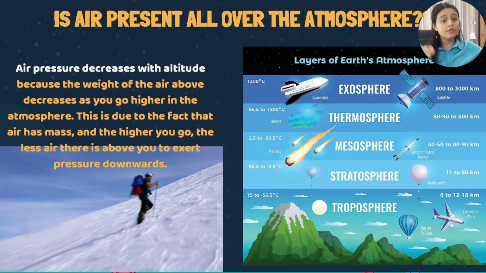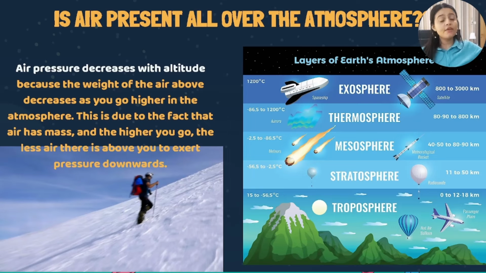When we climb up or go to a higher altitude, there is a shortage of air. The air pressure decreases. That is why you might have felt suffocated and not able to breathe properly when you are at a higher altitude, because the air pressure is very low there.